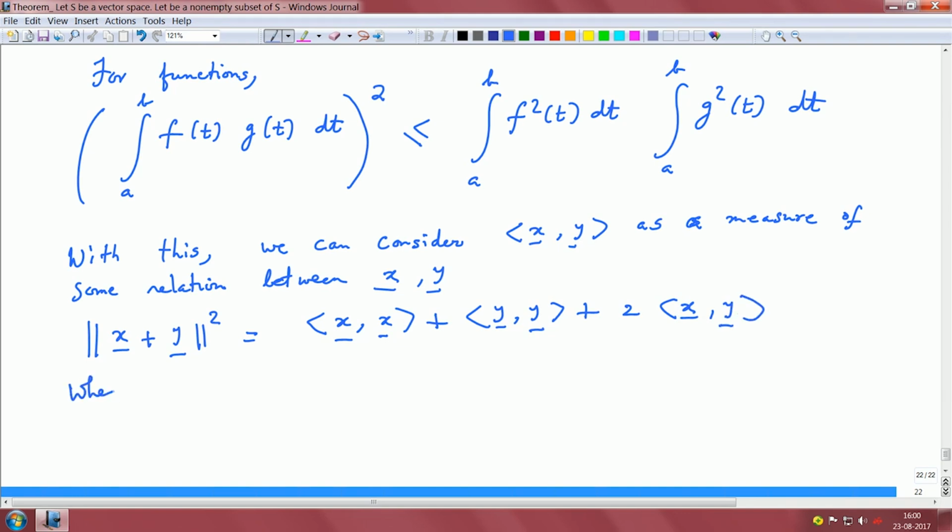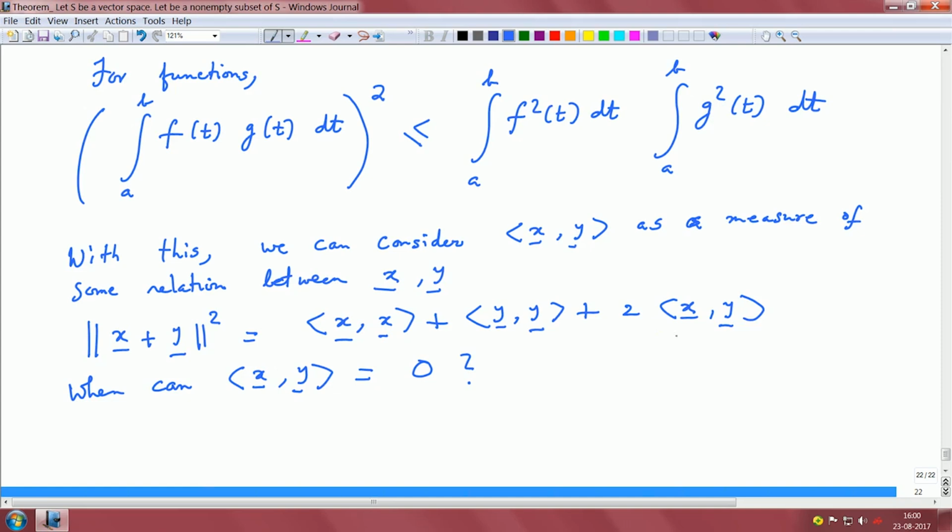So, if you ask this question, when can the inner product of vectors x and y be 0, right? This is the question. We just basically think about this as induced norm. We start off with the induced norm, and we expand this induced norm in this form.